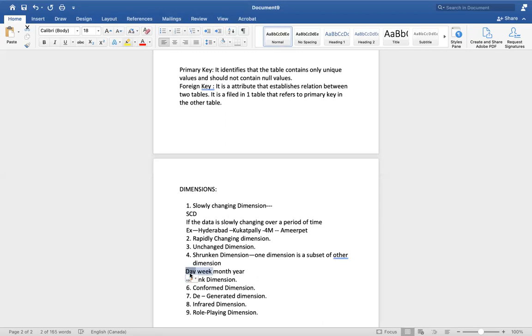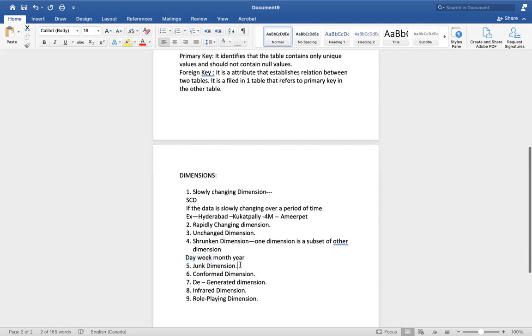From a week we can break down into days, from a month into weeks, and a year into months. A week breaks down into 7 days, a month into 4 weeks, a year into 12 months, or 4 into 12, 48 weeks, and 365 or 366 days. So this is one dimension being a subset of another dimension. This type of dimension is called a shrunken dimension.